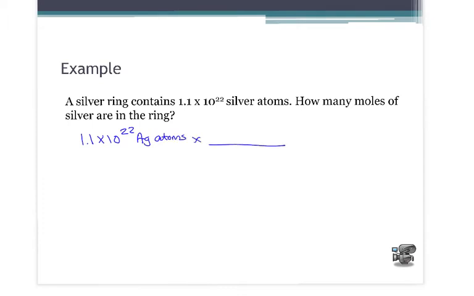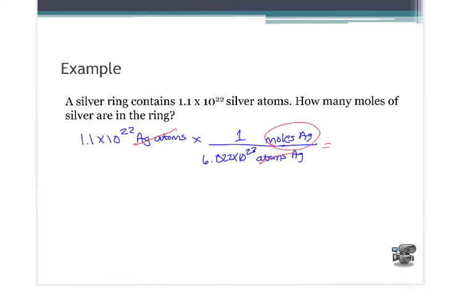And since we have the silver atoms on the top, we're going to put atoms on the bottom and the desired unit of moles on top. And we know for every 1 mole, there's 6.022 times 10 to the 23rd atoms of silver for every 1 mole of silver, right? So our atoms cancel out and we're left with moles of silver.